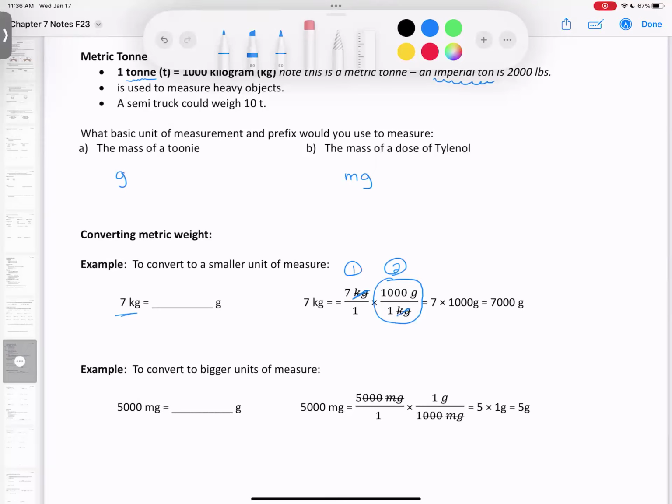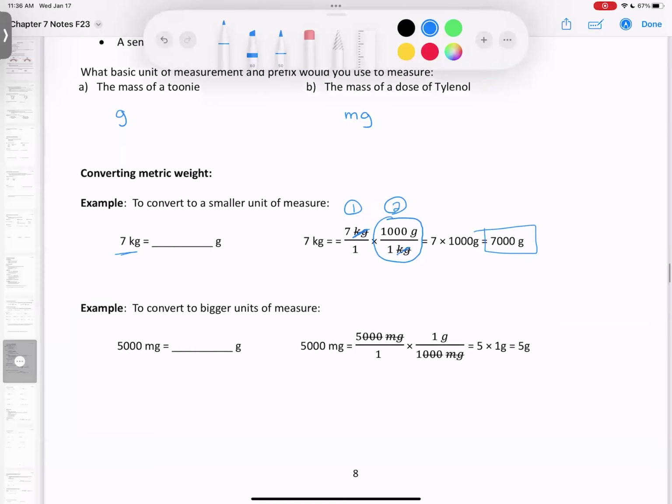That's on the top of that stair. And can you also find that in your chart? Let's see. Yes, and so if you look at your chart on conversion factors, you'll also find that under the weight, it will say 1,000 grams equals 1 kilogram. So you can get your conversion factor, that's step 2. Step 3 is to multiply it out, which would give you 7,000 grams in this case.